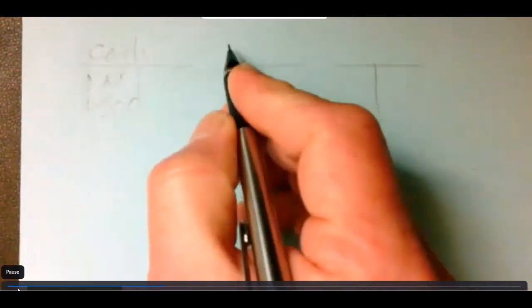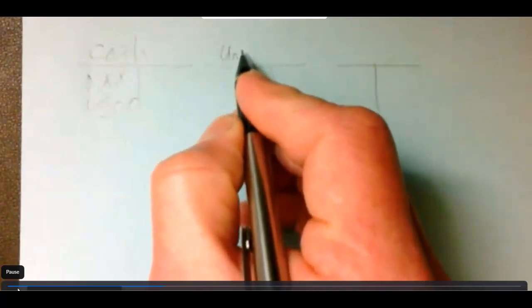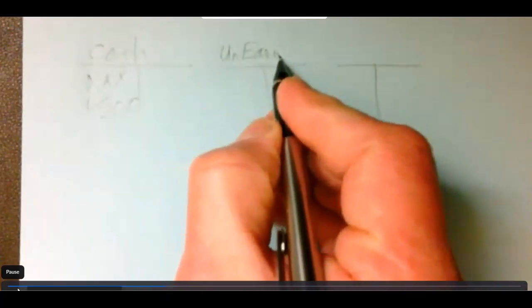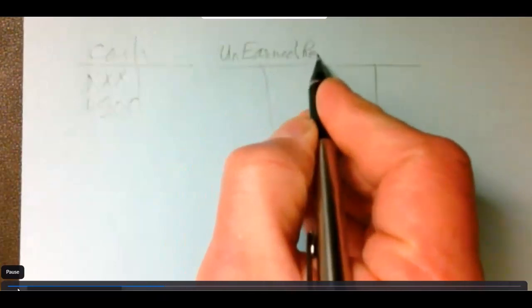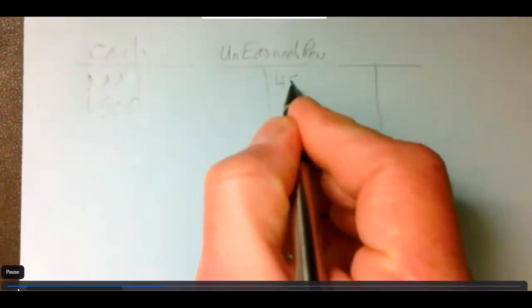That's a cash, that's a debit. However, because it's not earned, I'm gonna put it in unearned revenue or deferred revenue, whatever you call it. And that's a credit. So by doing that, your liability is going up and your asset is going up.